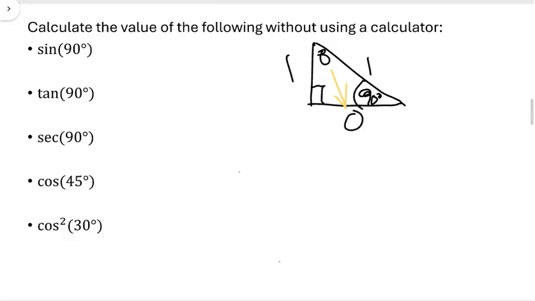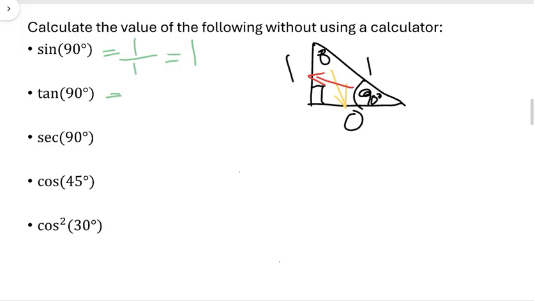They are looking for sine of 90, which is opposite. Here is my opposite. The opposite of 90 is 1 over hypotenuse, and my hypotenuse is 1, so I have 1 over 1, which is 1.